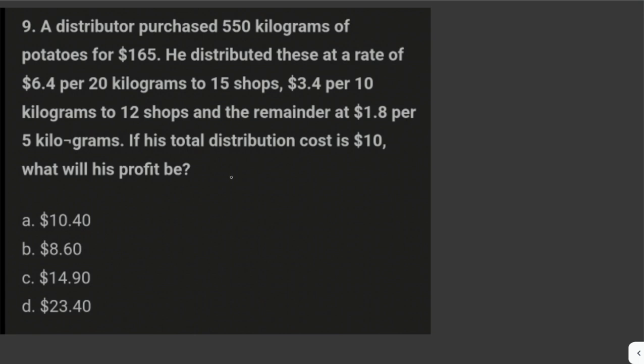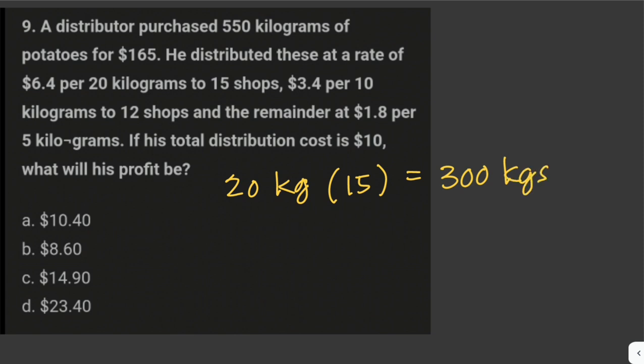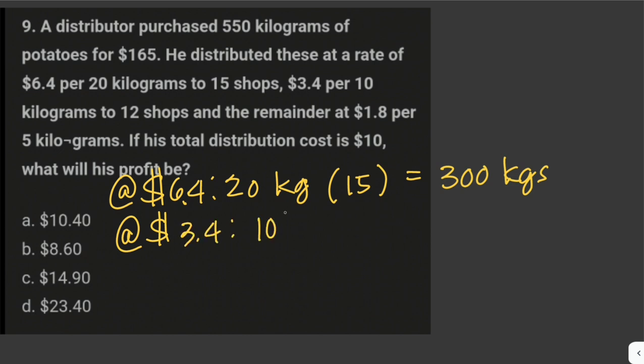So that would be 20 kilograms times 15 shops, so 300 kilograms are distributed at $6.4. And then at $3.4, 10 kilograms are distributed to 12 shops, so it's a total of 120 kilograms.